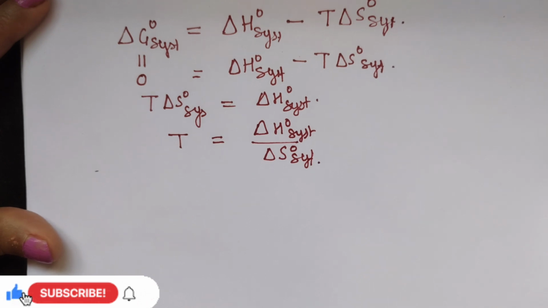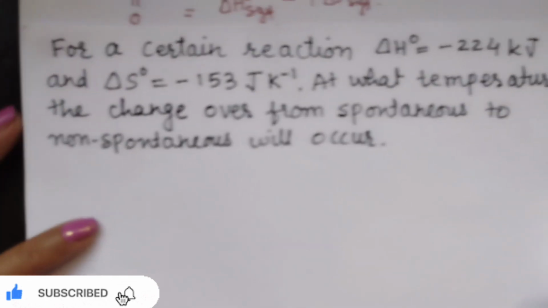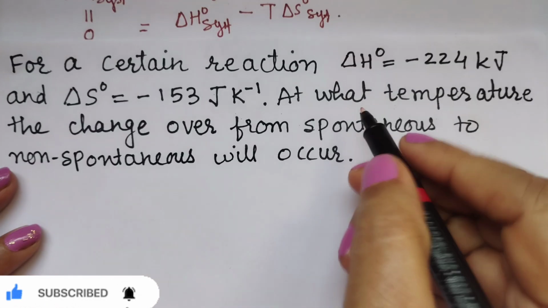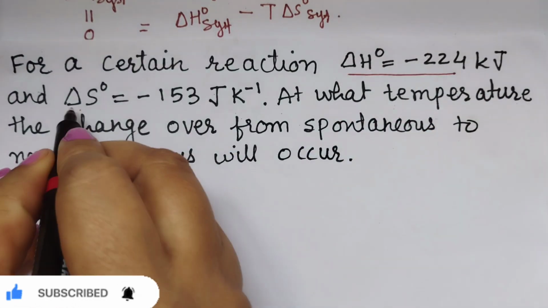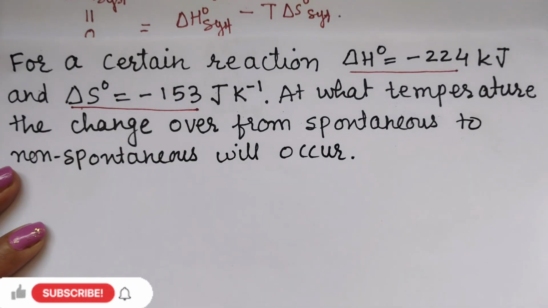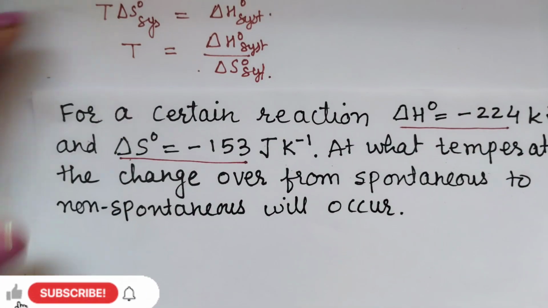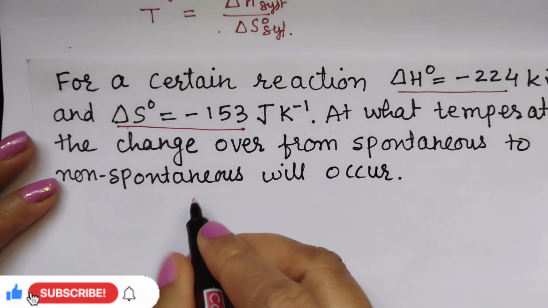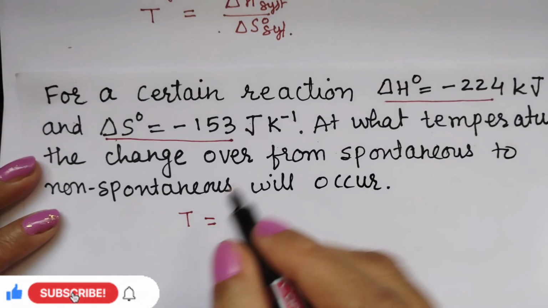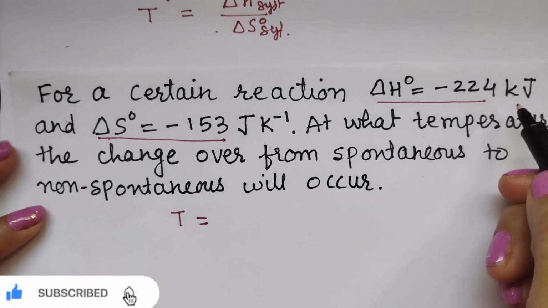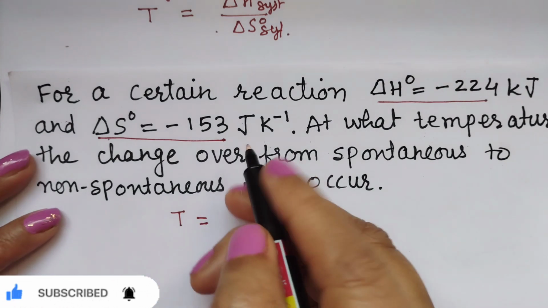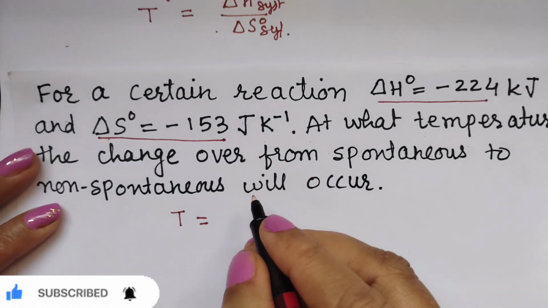Let us take one example so that you can understand this temperature better. Now in this problem, they have given the value of delta H standard and delta S standard. By substituting this in this formula, let us calculate this. So temperature is equal to, students, one thing is important, this is given in kJ and this is in J. So let us match the units and substitute the values.